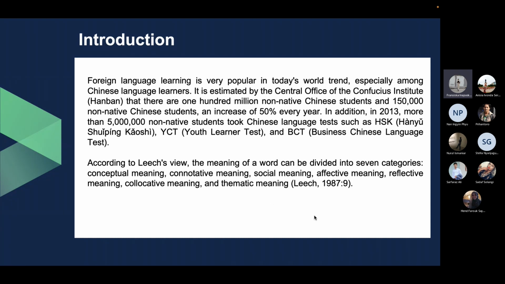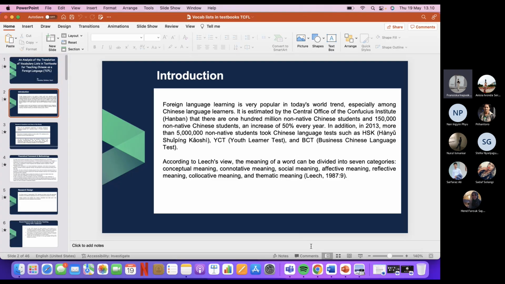So for example, if we take the word walk in the dictionary, let me show you.